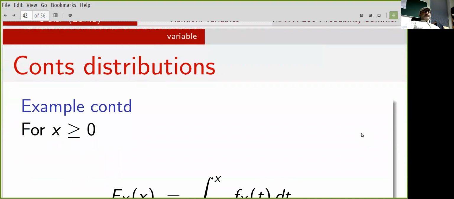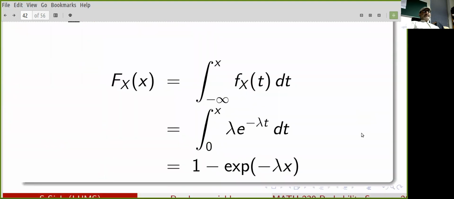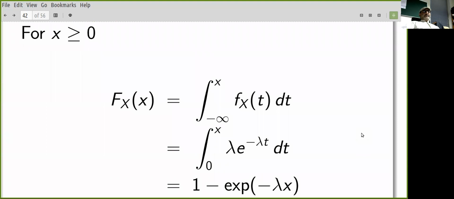If we continue with our example, in order to get the CDF from the PDF, we integrate from minus infinity to x the PDF evaluated at t, dt. But this takes value 0 from minus infinity to 0, so we don't need to worry about those. So now we integrate from t equals 0 to t equals x.